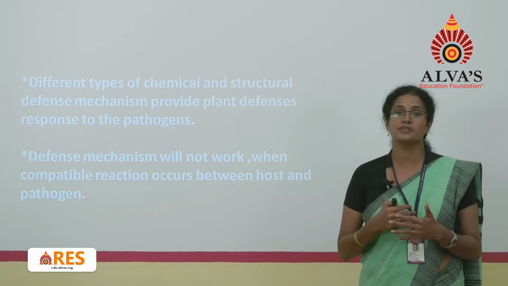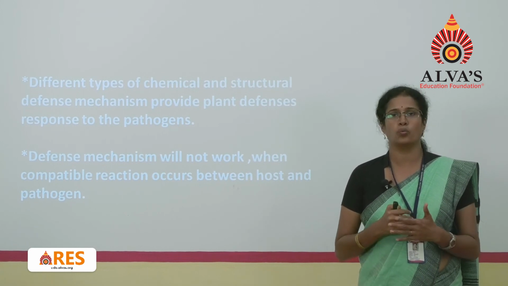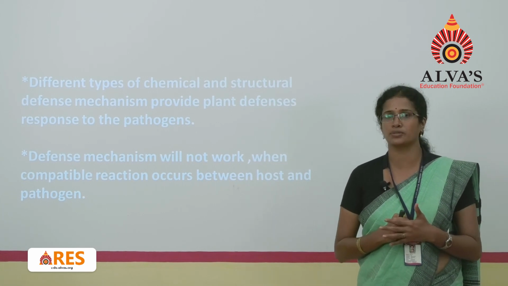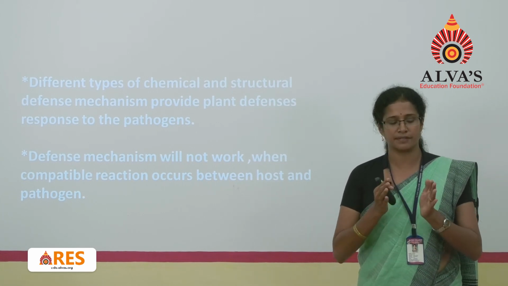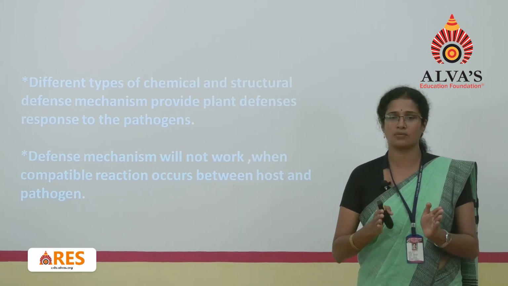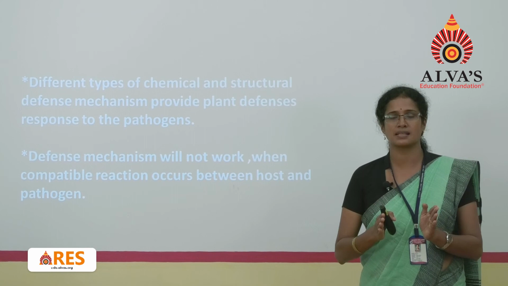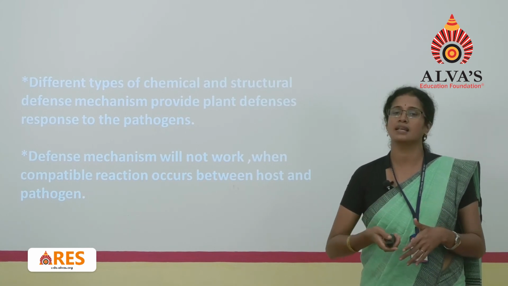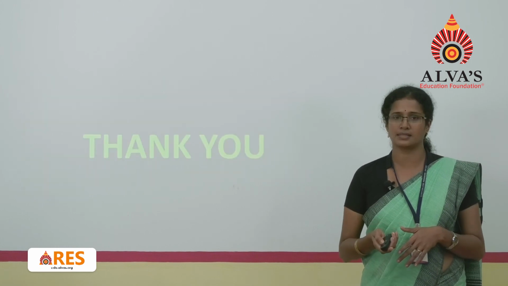And the defense mechanism will not work when compatible reaction occurs between host and the pathogen. Now, what is compatible? If the host and the pathogen can coexist in the environment, then in such cases the defense mechanism will not work. Only in such cases we can see the plant has got a disease.